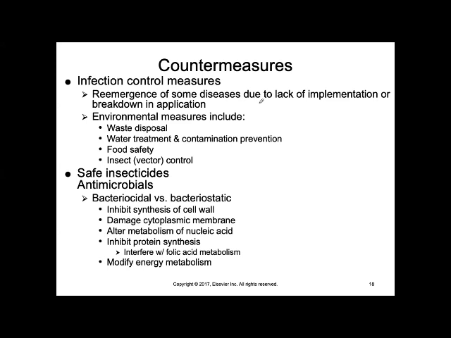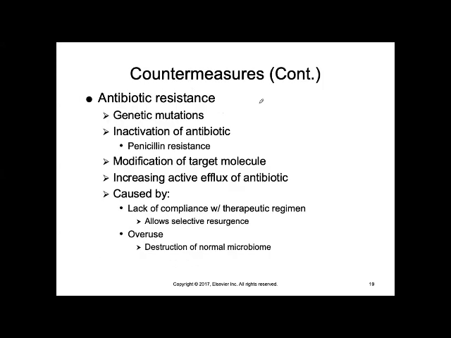Antibiotic resistance results from genetic mutation, followed by evolution and natural selection. Inactivation of the antibiotic is seen in things like penicillin resistance, where we basically cleave portions of the antibiotic that normally produce the toxic effect. We can have modification of the target molecule. We can increase the active efflux of the antibiotic.